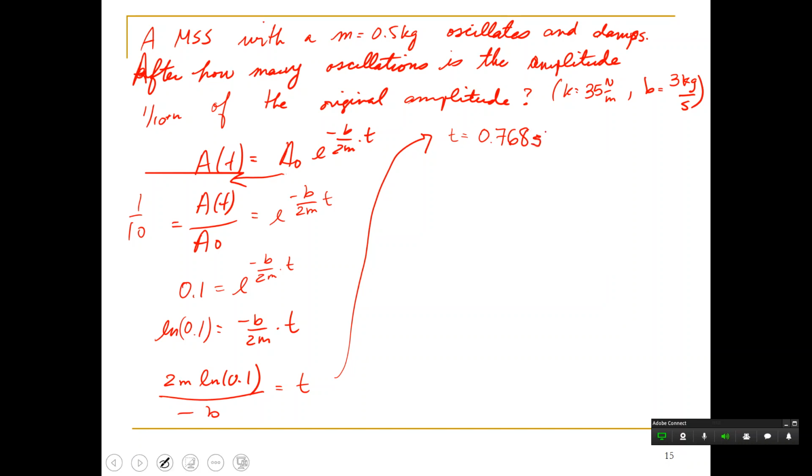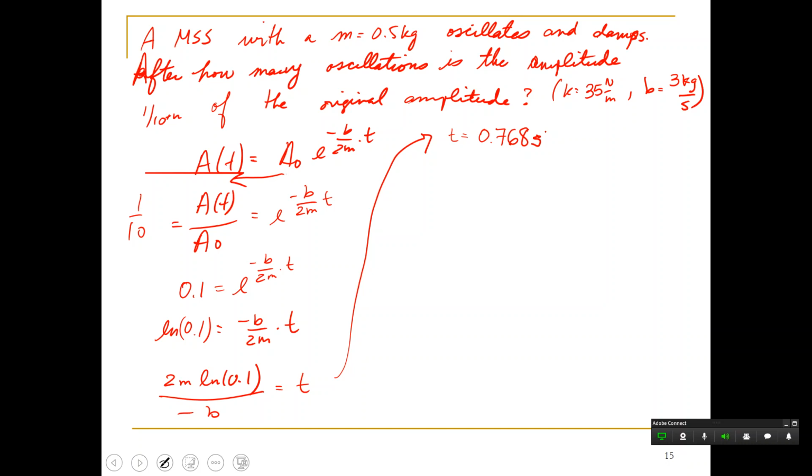Seconds. I need one more person to confirm this. Confirm? Okay, good. All right, so that's how much time it took for that oscillation to reach that amplitude.